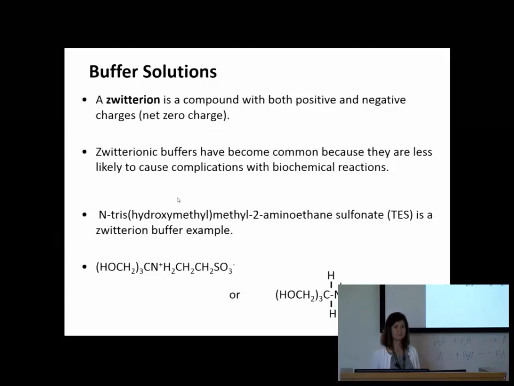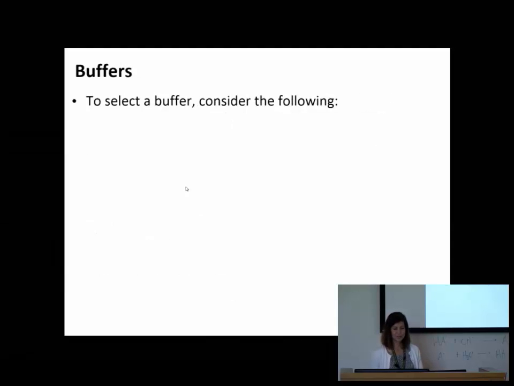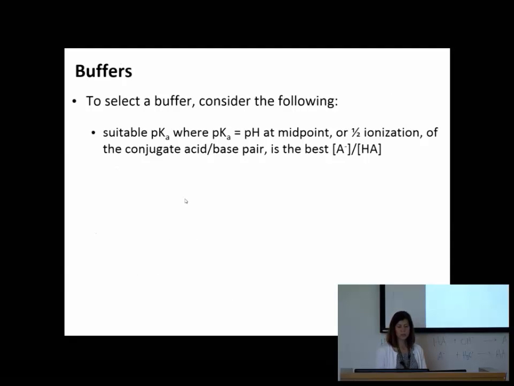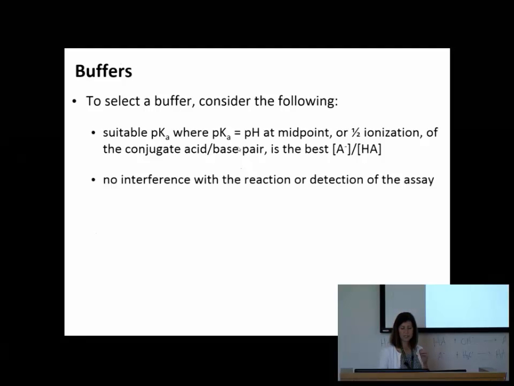All right, so when we're going to pick a buffer, we're going to figure out what is the pH we want to work at. Look for a buffer that has a pKa close to that. Make sure that it doesn't interfere. An assay is just a test, so the reaction or detection of the assay. Ionic strength means concentration.